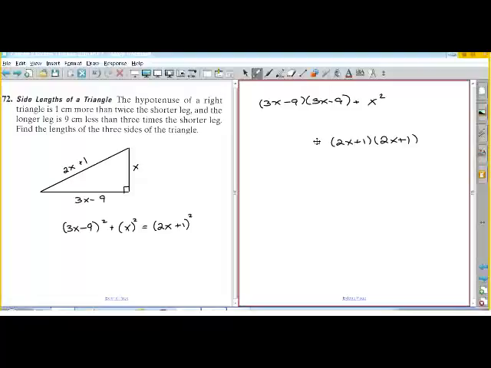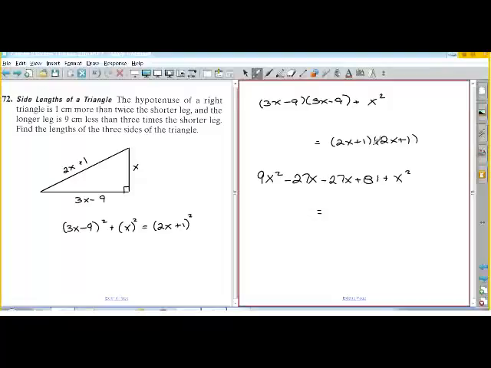Then I use FOIL to multiply both of those terms out. So 3x times 3x is 9x squared. That's the first. Inner is negative 9 times 3x, which is negative 27x. The outer is negative 27x. And the last is positive 81, negative 9 times negative 9.